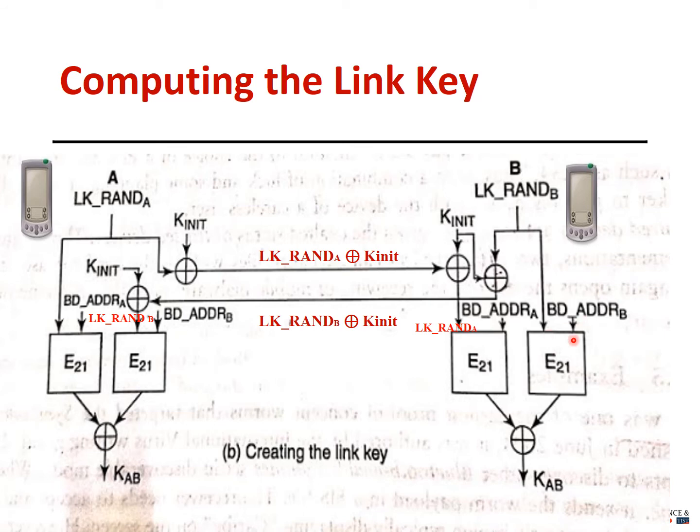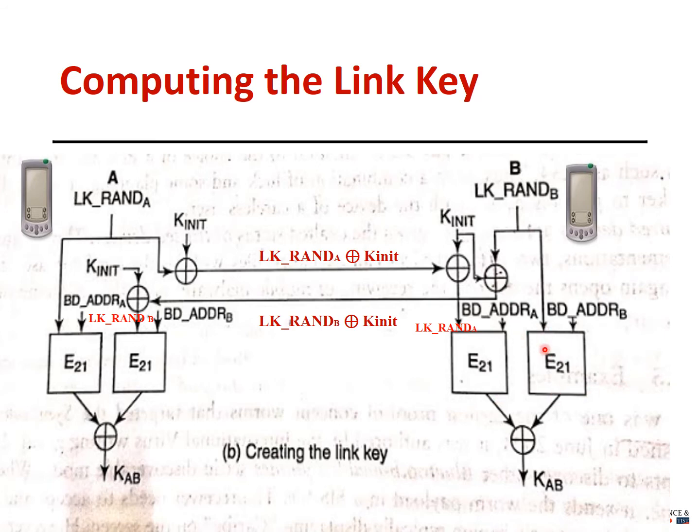And in the second box, the inputs are the Bluetooth device address of B and the random number generated by B. After examining these two blocks, we can confirm that an identical operation is performed on both sides, and the inputs are Bluetooth device address of A, random number of A, Bluetooth device address of B and random number of B. The final operation in the computation of the link key is an XOR operation on the resultant of these two blocks.